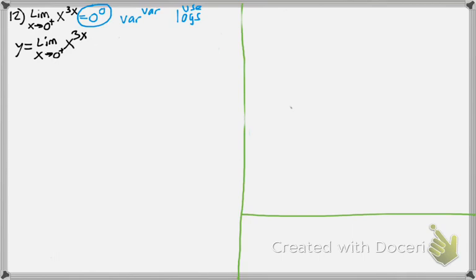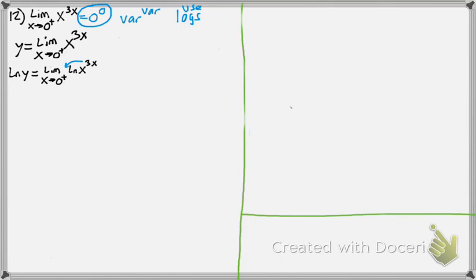Okay, so I want to take the logarithm or the ln of both sides. And the reason why I'm taking the logarithm of both sides is because we are able to bring down the power.